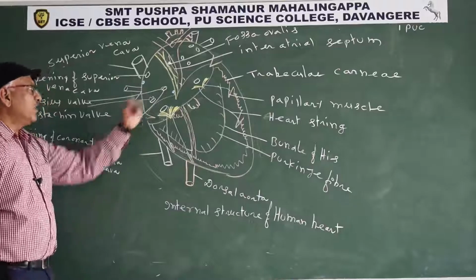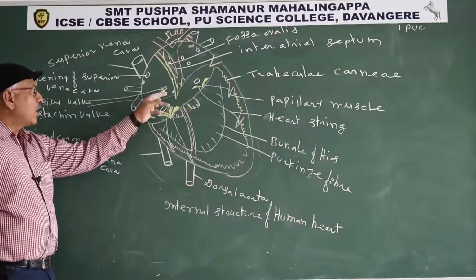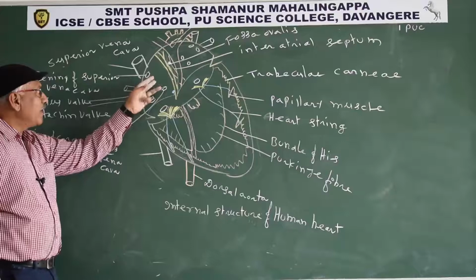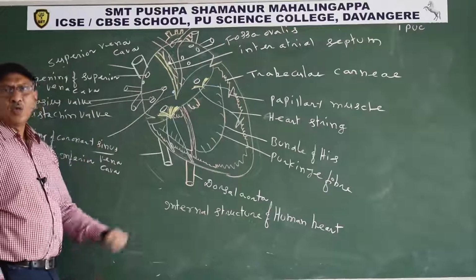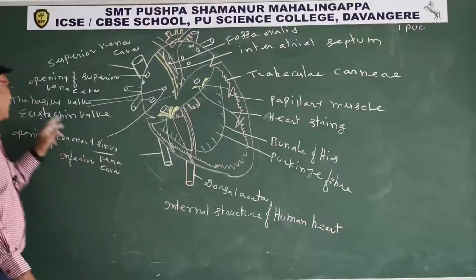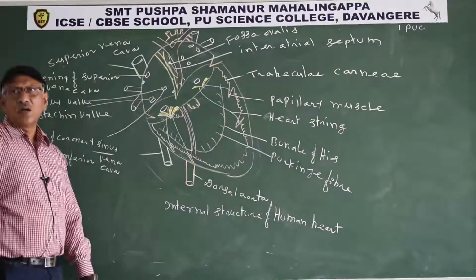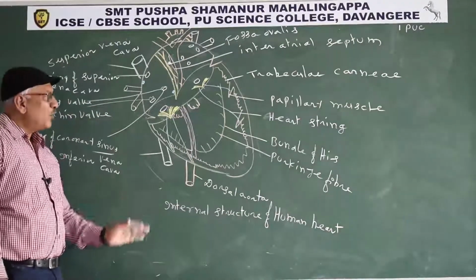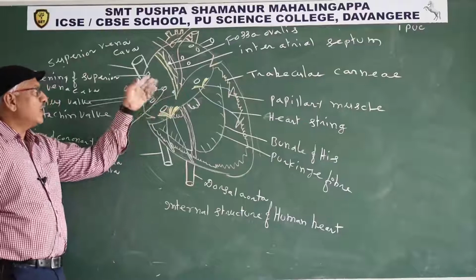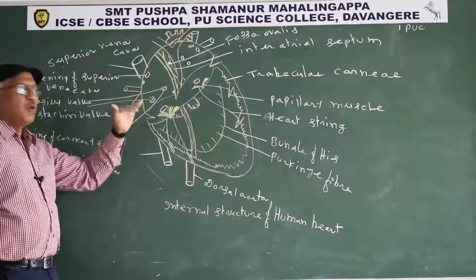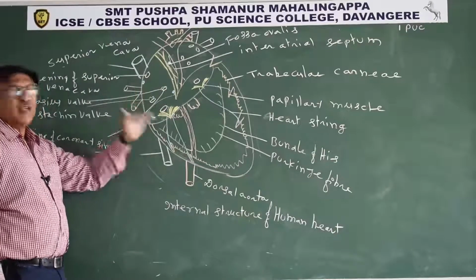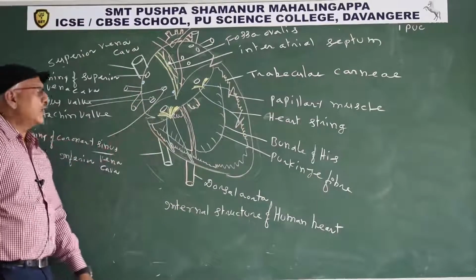That concavity is known as the coronary sinus. The coronary sinus pours the deoxygenated blood into the right atrium through an aperture. This aperture is guarded by the Thebesian valve. So the valve allows the flow of blood from the coronary sinus into the right atrium and prevents the backward flow from the right atrium into the coronary sinus.